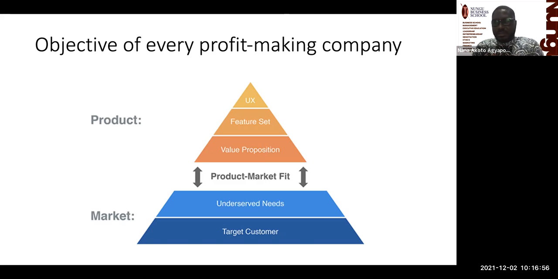And I've worked and consulted for some startups in the market. And normally they don't seem to understand which segment of the market or which customer they are targeting. And so they have a very nice product.